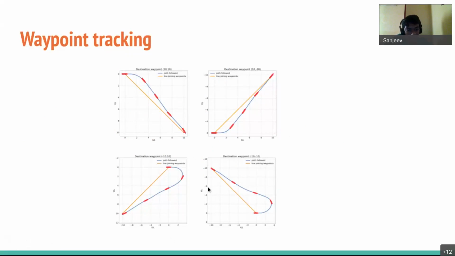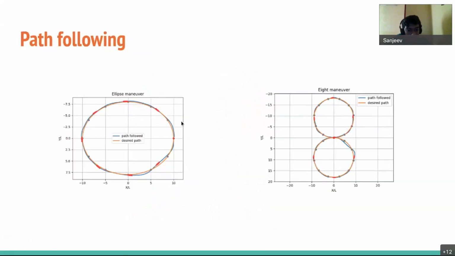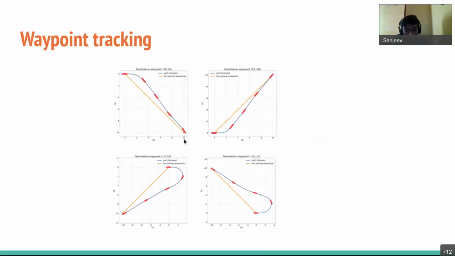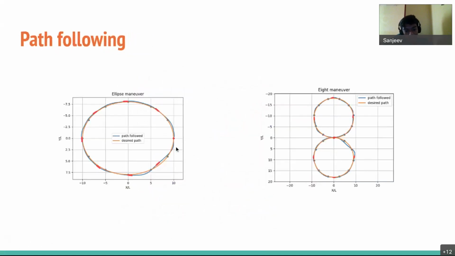Once we are sure that the agent is trained properly, we can give multiple waypoints and ask it to follow a path. In this left image, you can see that a path in the shape of an ellipse is defined. It starts from this red point 10, 0, and it completes this ellipse clockwise.